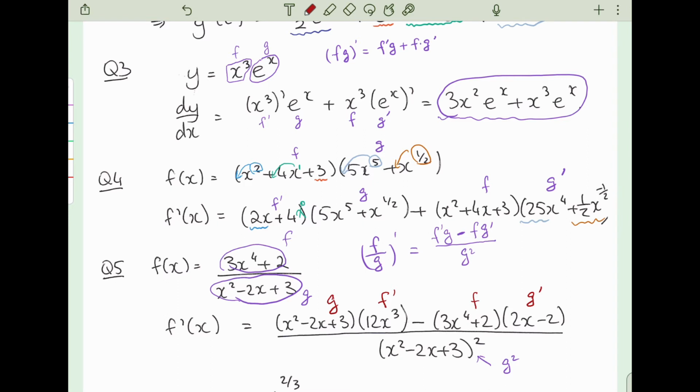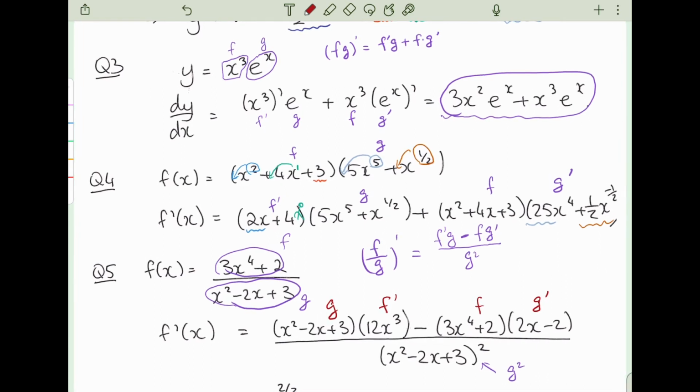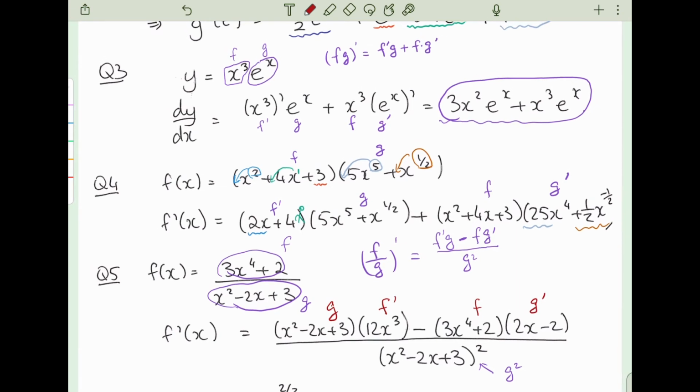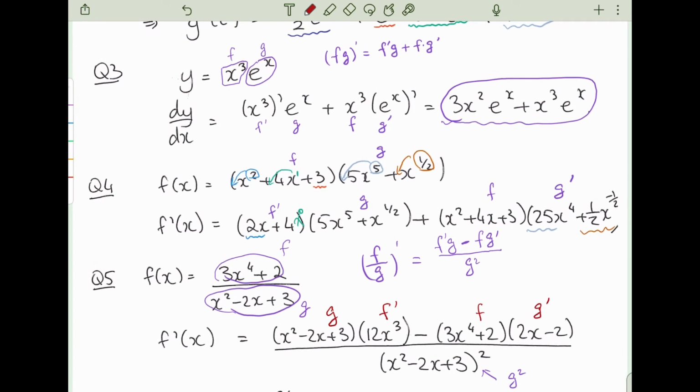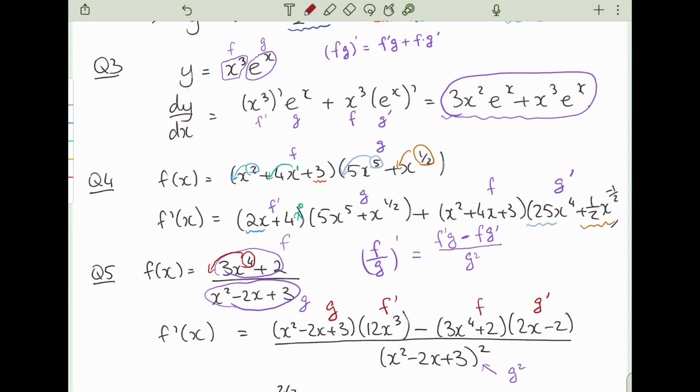Actually it does not matter, right? f prime times g is the same as g times f prime, because multiplication is commutative. And f prime is 12x cubed, because this 4 goes to the front, multiplied with the 3 becomes 12. And the new power is 4 minus 1, which is 3. Okay, should not be too complicated to figure out.